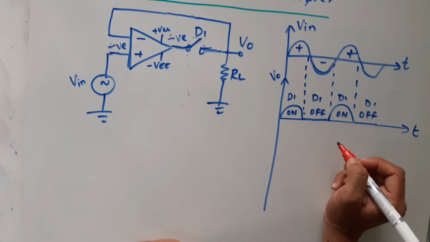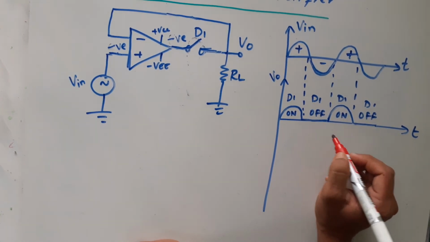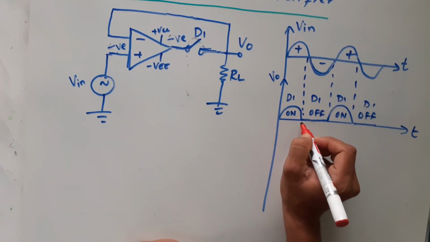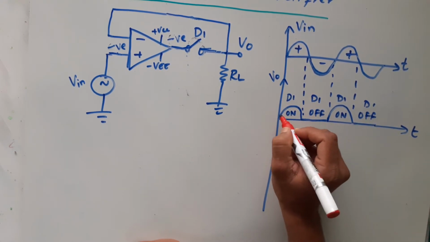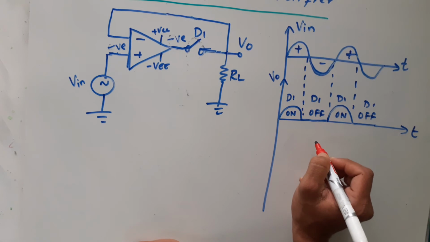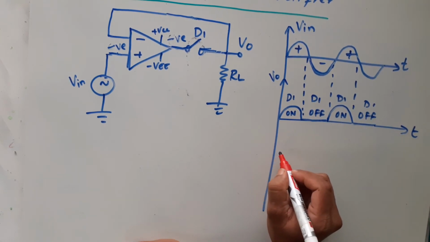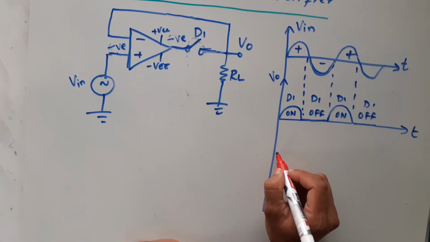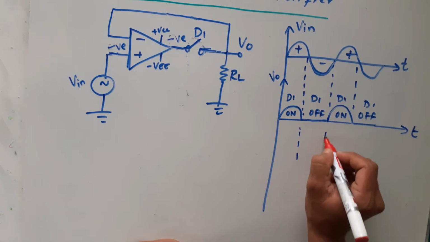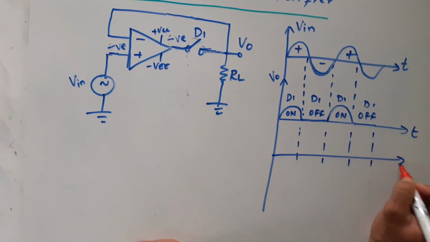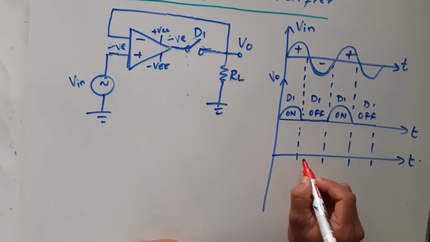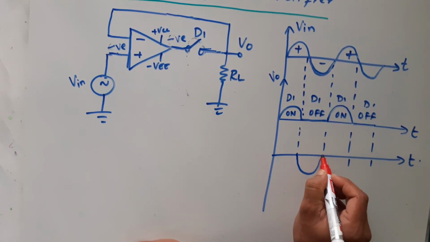Now if I ask you, in place of positive half cycle, I require only negative half cycles. I mean, I want to clip the positive and I should get only negative half cycles. I want only this.